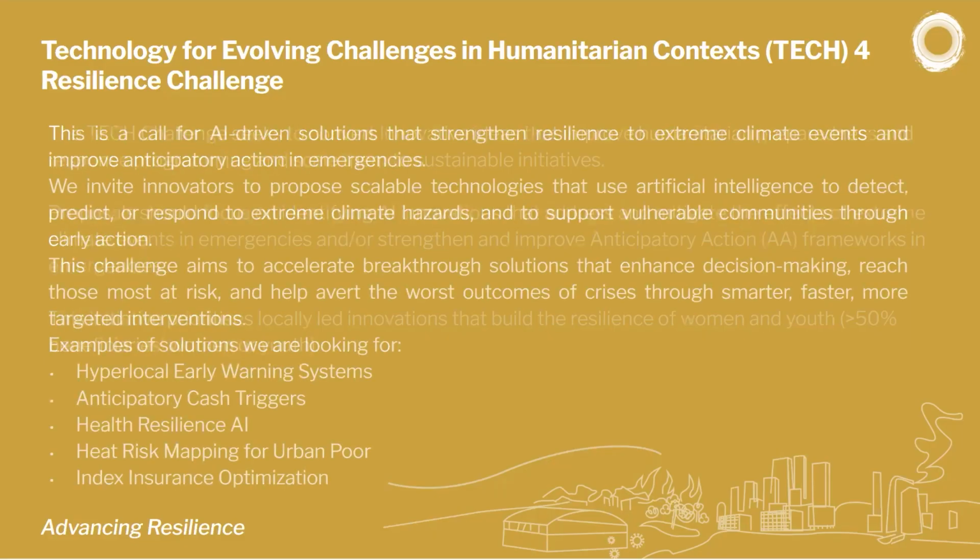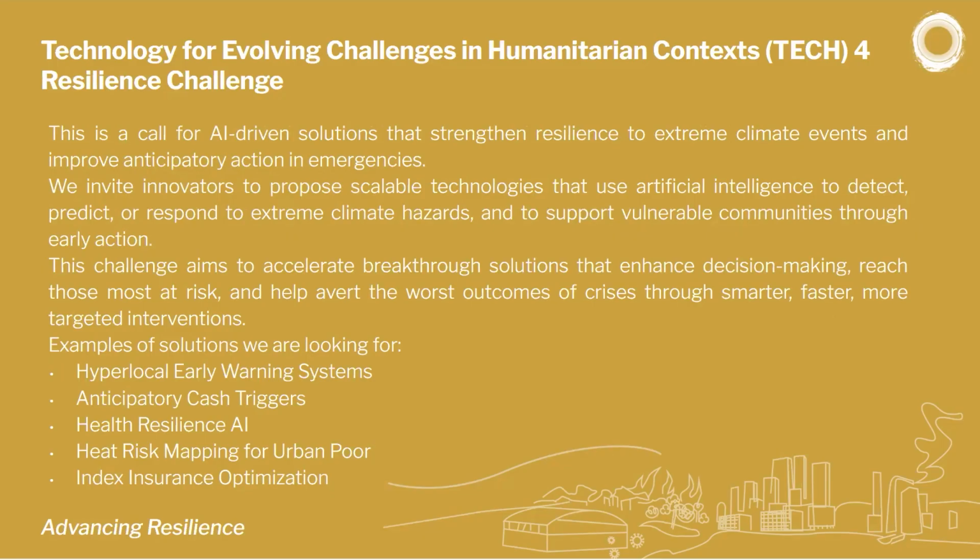So this is a call for AI-driven solutions that can strengthen resilience, as I said, in the extreme climate events and improve anticipatory actions in emergencies. So innovators are invited to propose and submit their scalable technologies that use artificial intelligence. There's been a growing use of artificial intelligence, but sometimes not in a good way.